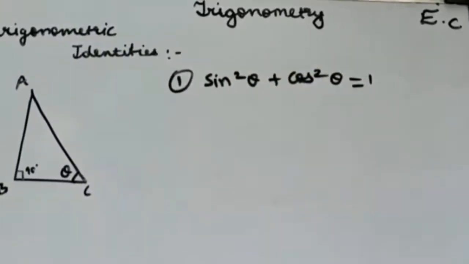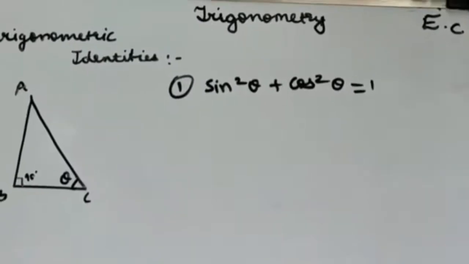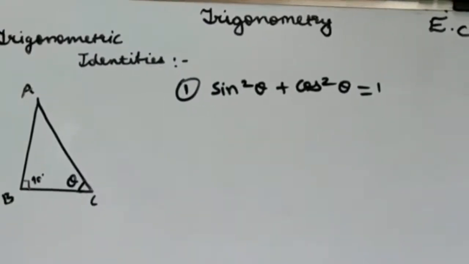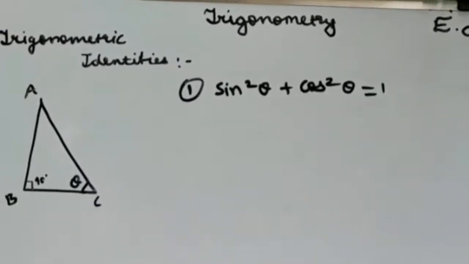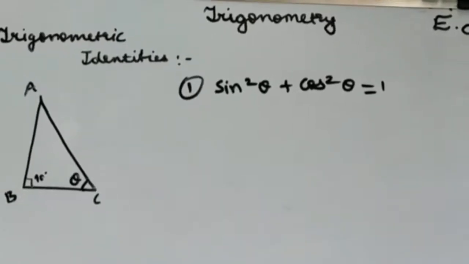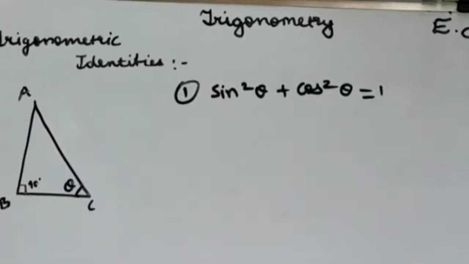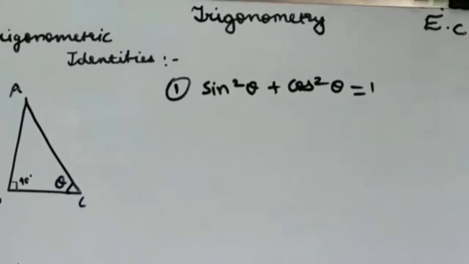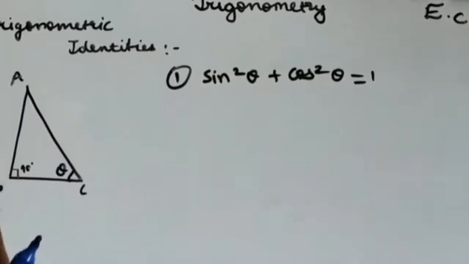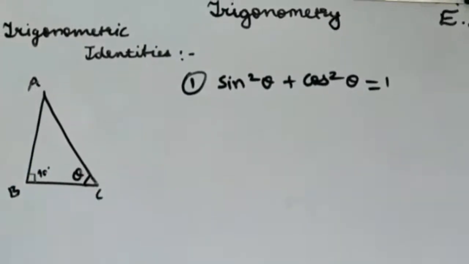So let us try and understand these trigonometric identities by again going to our dear friend triangle ABC. Here we have marked angle C as theta. We know that sin theta is opposite side upon hypotenuse.